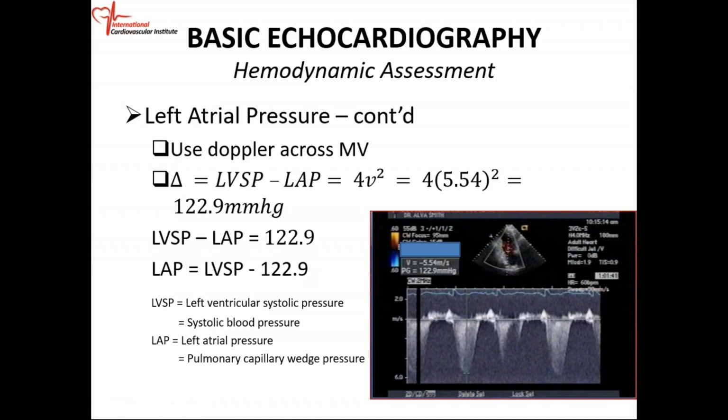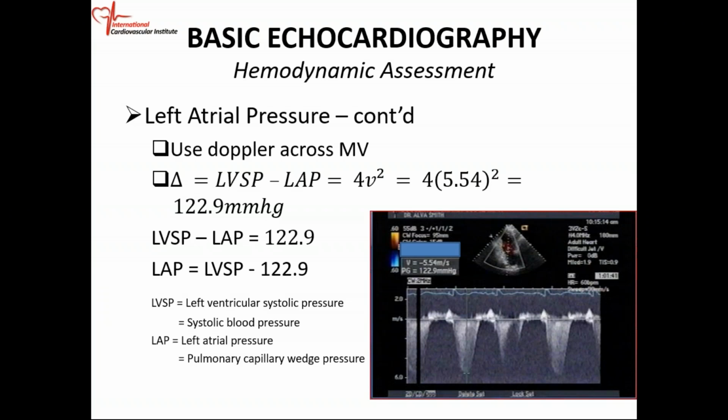All right. So left atrial pressure: when patients go into heart failure, usually the left atrial pressure is elevated. When patients develop pulmonary edema, the left atrial pressure is usually elevated, because for you to flood the lungs with fluid, blood is moving in the opposite direction.